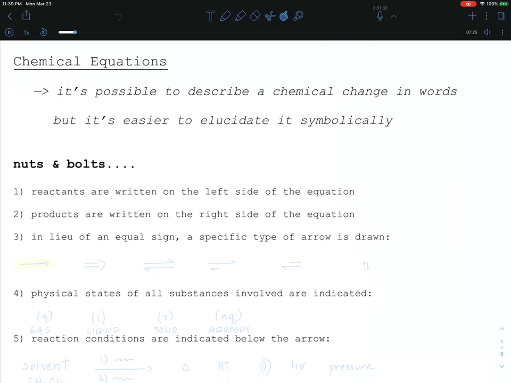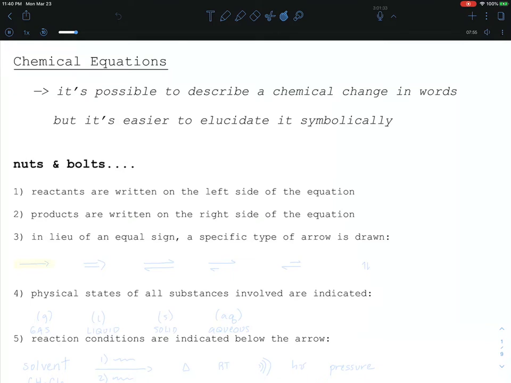It's kind of like reading a recipe, but instead of all those words, or instead of seeing a picture of a cake, you can actually write out the molecular structure of either your covalent molecule or your ionic compound, for all the reactants that are coming in to join together. We'll draw a specific type of arrow, and on the right-hand side of the arrow, you have all of your products. That way you would see the picture of your cake over there, or your cookies, or whatever the heck you were making.